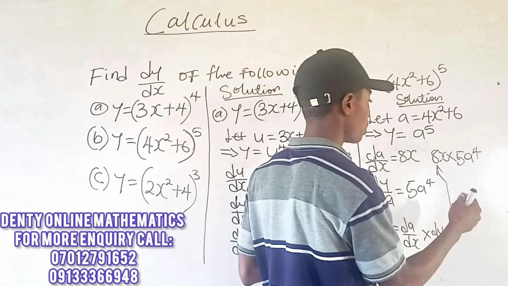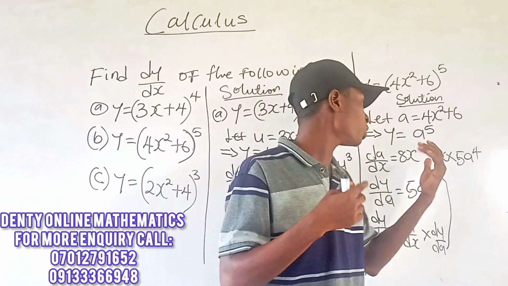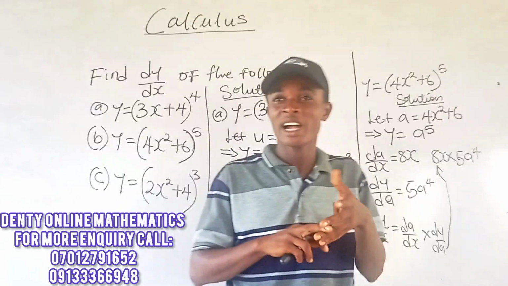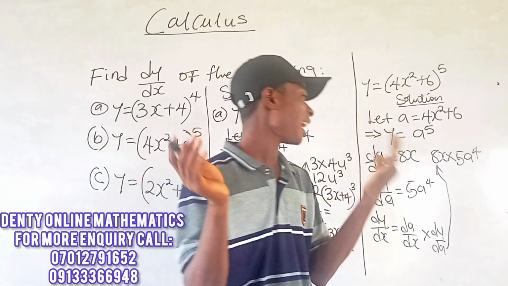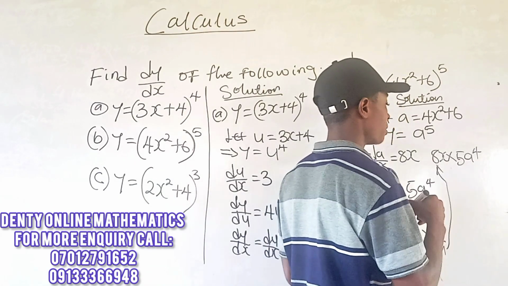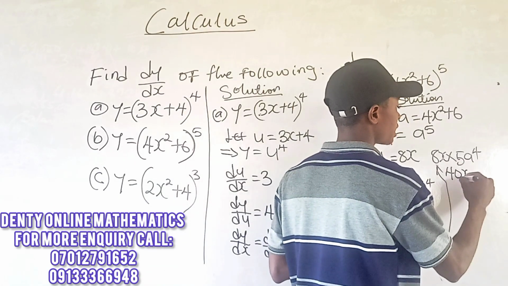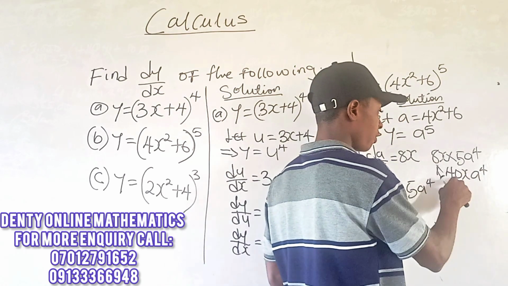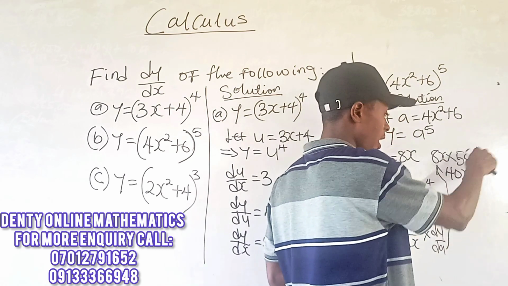Just as you usually do the normal multiplication, you can do 5, 10, 15, 20, 25, 30, 35, up to 40. So 8 times 5 will give us 40, and 40 times x will give us 40x a power 4.